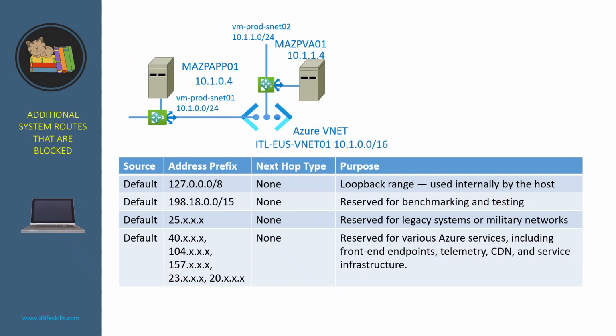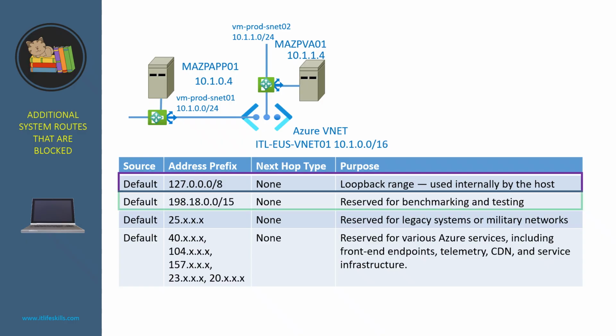When opening the effective routes on a NIC of a VM, you will see the traffic destined to these address spaces is blocked. The first one is the loopback range used internally by the host. The second one is reserved for benchmarking and testing.